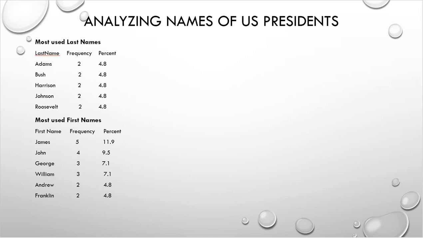Besides the frequency, we can also get some other interesting variables, the list. Like we can use SAS program to find which are the popular last names and first names for the presidents, like Adams, Bush, Harrison, Johnson, Roosevelt. That's the most popular last names. The first 3 are two presidents each. The first 3 last names come from the same family. Adams and Bush, the father became president, and after a few years, their son was elected president again.